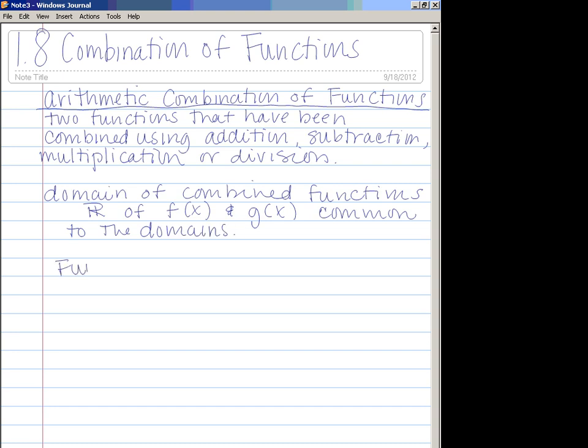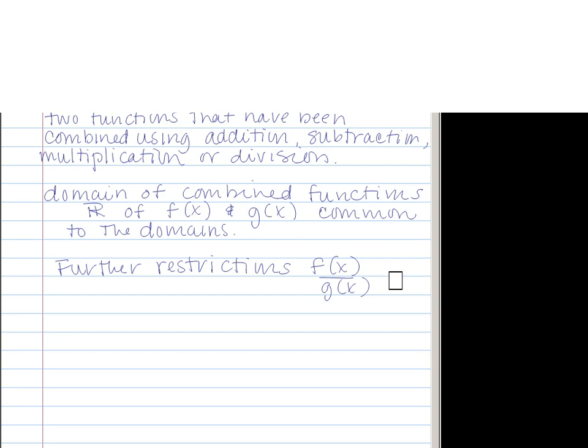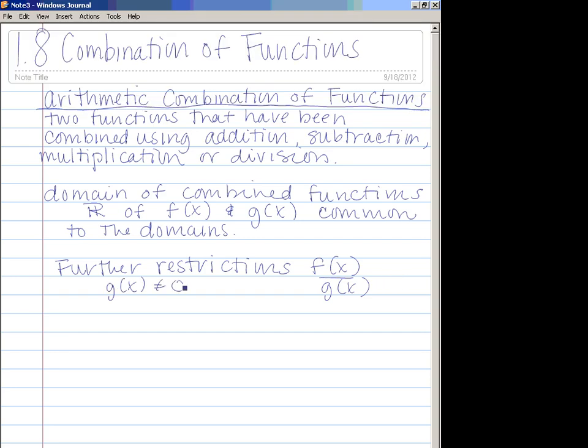One further restriction is going to be when we're talking about division, which is given as f of x over g of x. Obviously, g of x cannot equal 0, because we can't have a denominator that equals 0. That would make it undefined.